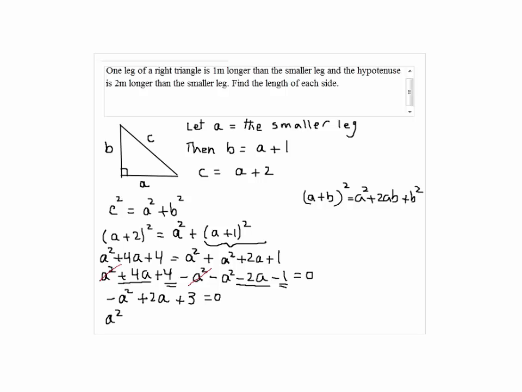If I multiply each term by minus 1, I would get an equation where I can solve for a, and I factor this. I would get a and a here, 1 and 3, and then here we want to have minus and plus, so we get minus 2, the whole thing is equal to 0, of course.